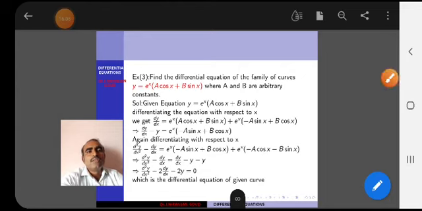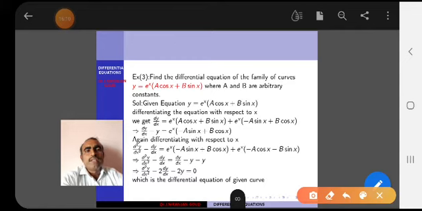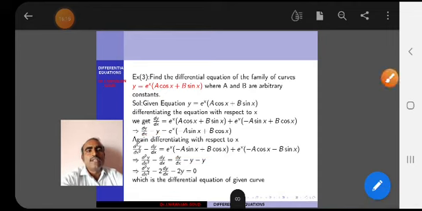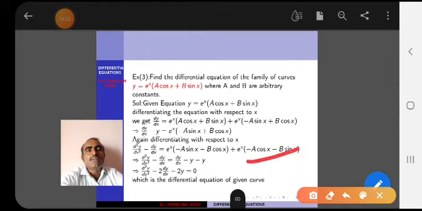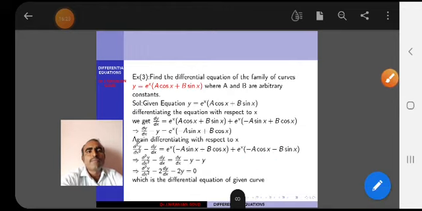Now write e^x (-a sin x + b cos x) as dy/dx - y, and here you write this as -y. So you get the whole equation: d²y/dx² - dy/dx = dy/dx - y - y. Simplify this, you will get d²y/dx² - 2 dy/dx + 2y = 0, which is the differential equation of the given curve.